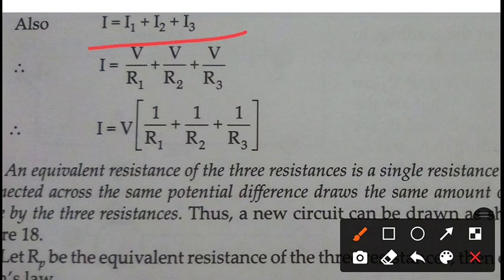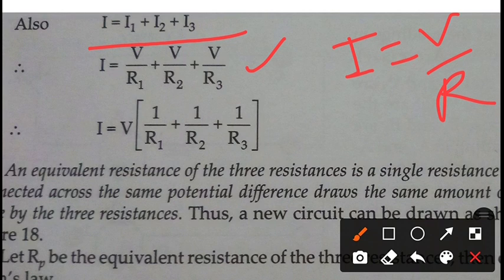Current I is equal to I1 plus I2 plus I3, and applying Ohm's law, in place of I we can write I equal to V by R. You know it by Ohm's law. Therefore, in place of I1, I have written V divided by R1.